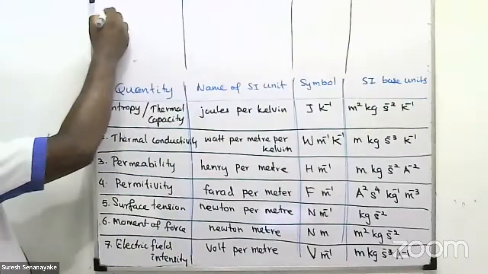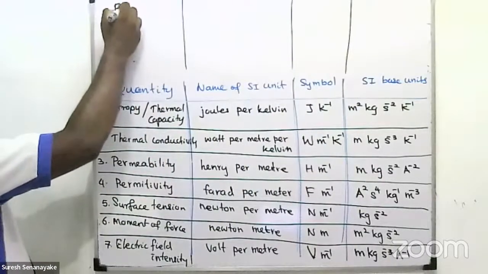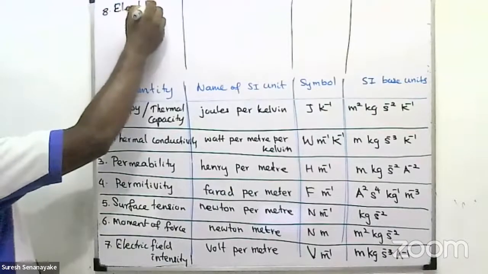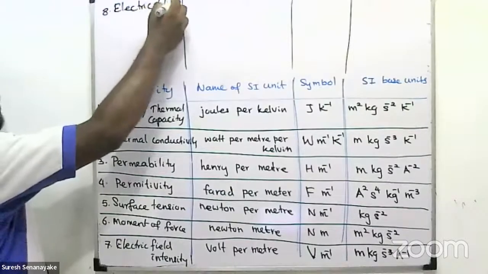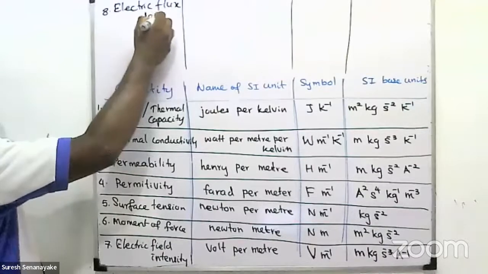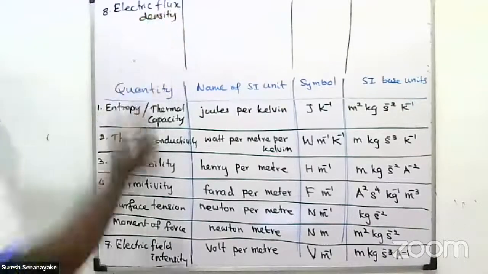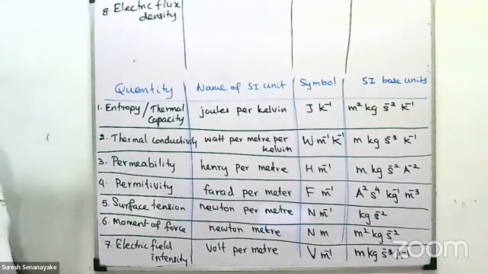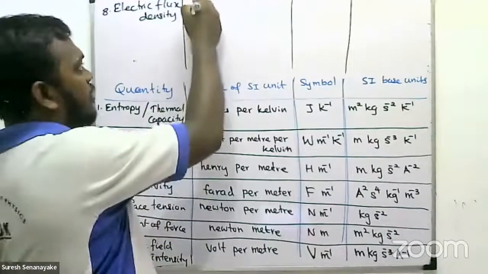Eighth, electric flux density. Electric flux density is measured in coulombs per square meter.